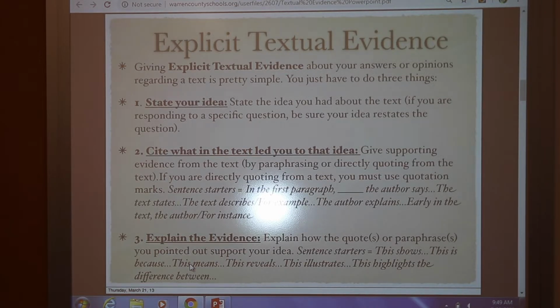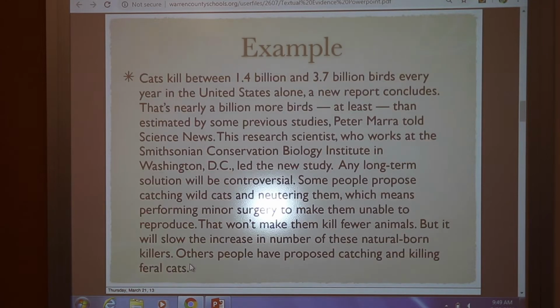Explain how the quote or quotes or paraphrases you pointed out support your idea. Again, with sentence starters: this shows, this is because, this means, this reveals, this illustrates, this highlights the difference between. An example, please take a moment and read through this.